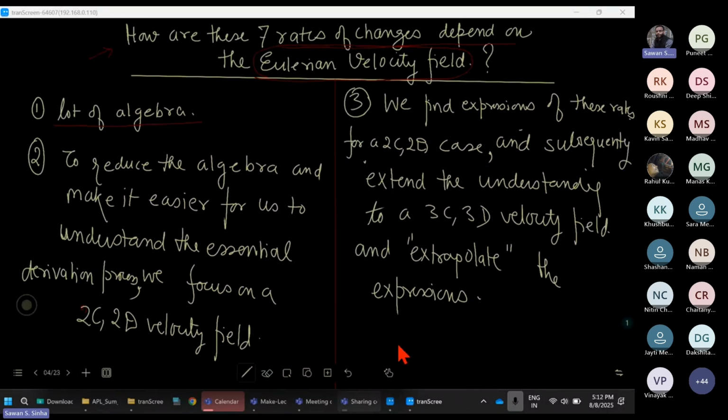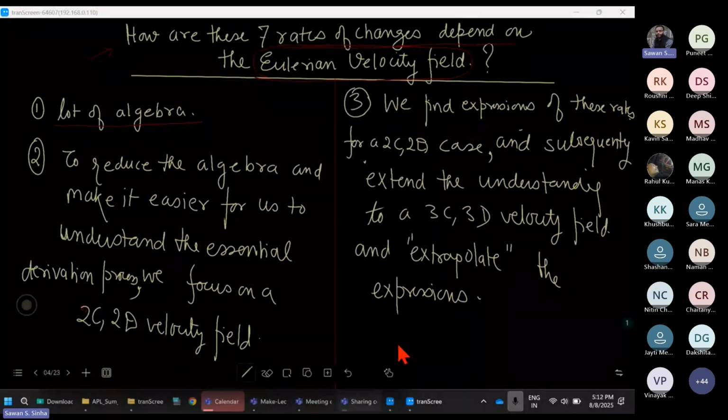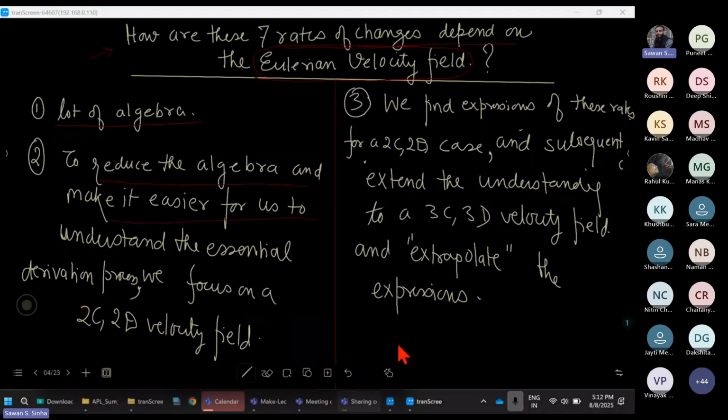So we have a strategy, and this is the strategy almost every textbook follows. To reduce the algebra and make it easier for us to understand the essential derivation process, we first focus on a 2C, 2D velocity field.